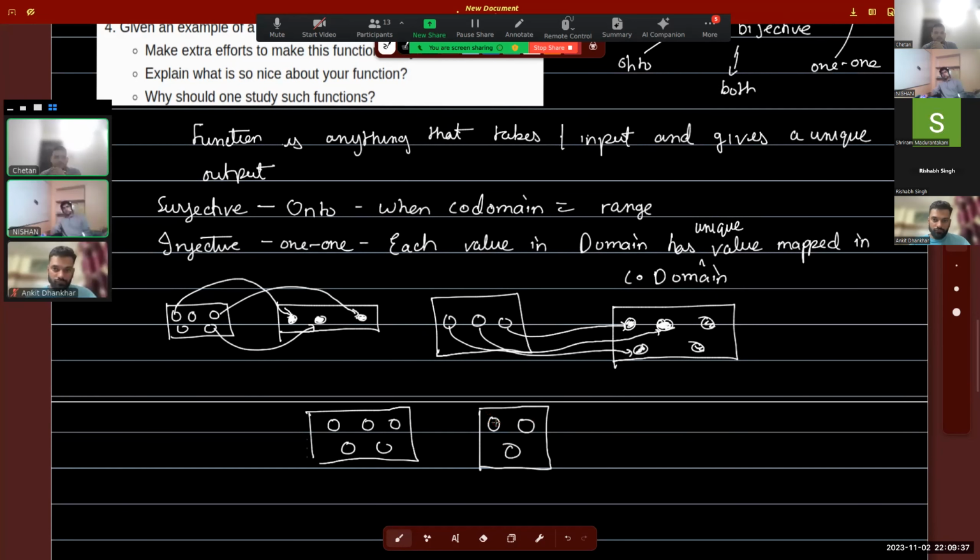Now just map 2 balls from the first box to one ball in the second box. Do the same with one other case, and there is one ball left. We'll just map that to the other one.